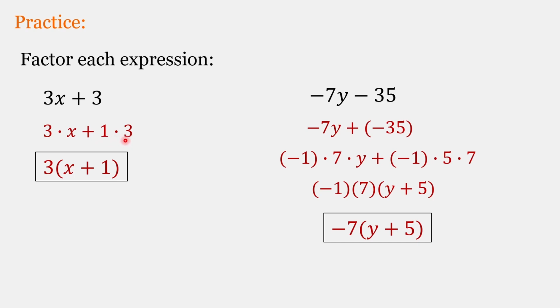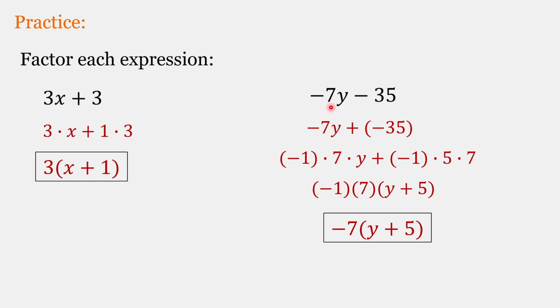Now, I did it in this case because the greatest common factor here is 3. And when we factor out that 3, that's going to leave us with x for the first term and 1 for the second term. So we end up with 3 times the quantity x plus 1.